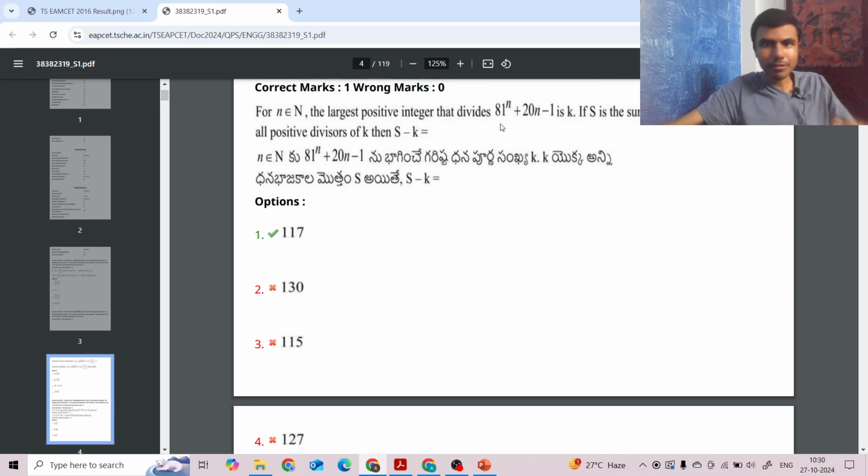This is a medium level question. In fact, you could also say this is a medium question, not easy. First of all, analyze which topic this question is from. The topic is mathematical induction.